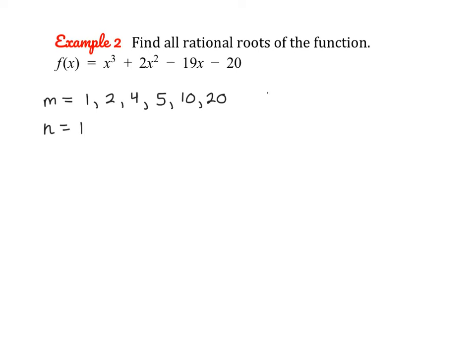So this gives us a list of numbers to try. So we're going to do all of these over 1. So plus or minus 1, 2, 4, 5, 10, or 20. So we actually have 1, 2, 3, 4, 5, 6. And with the plus or minus, that gives us 12 options.